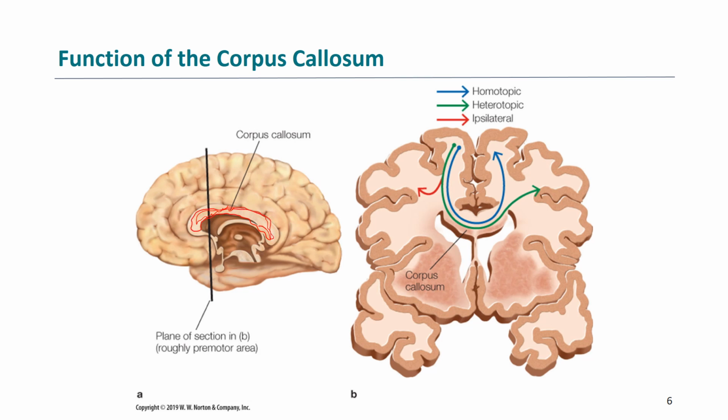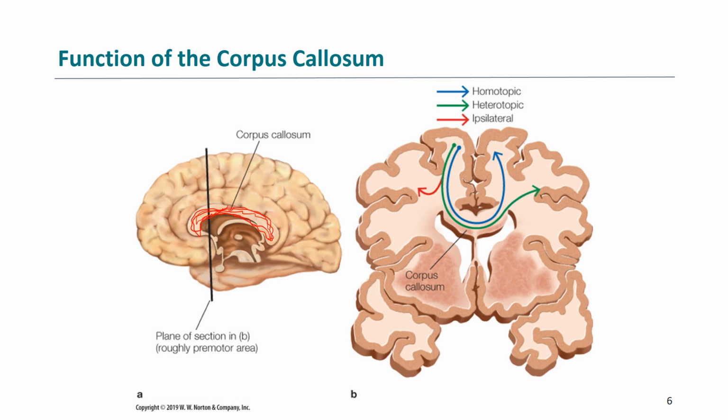Some surgeons decide to split the brain when patients have seizures or epilepsy. This is a mid-sagittal view of the right cerebral hemisphere with the corpus callosum labeled, and the caudal surface of a coronal section of the brain, roughly through the premotor cortical area.